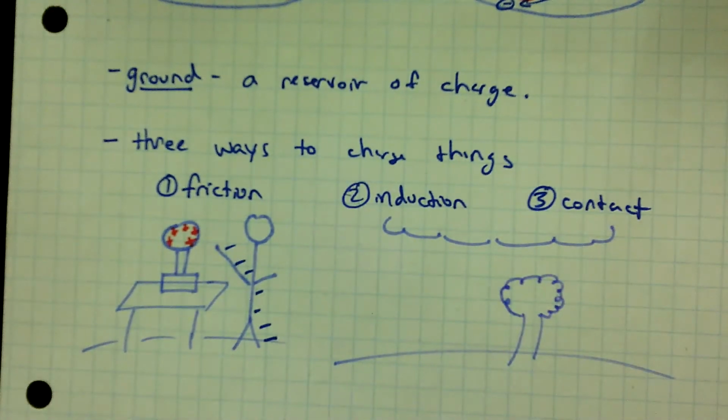So how does lightning happen? Well, in the cloud you've got ice crystals, and then you've got water vapor. And as those things turn around, the cloud actually charges itself by friction, right?